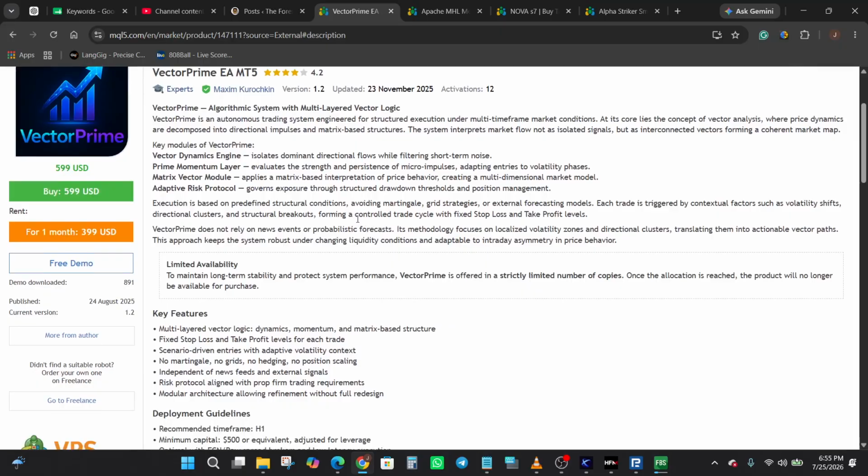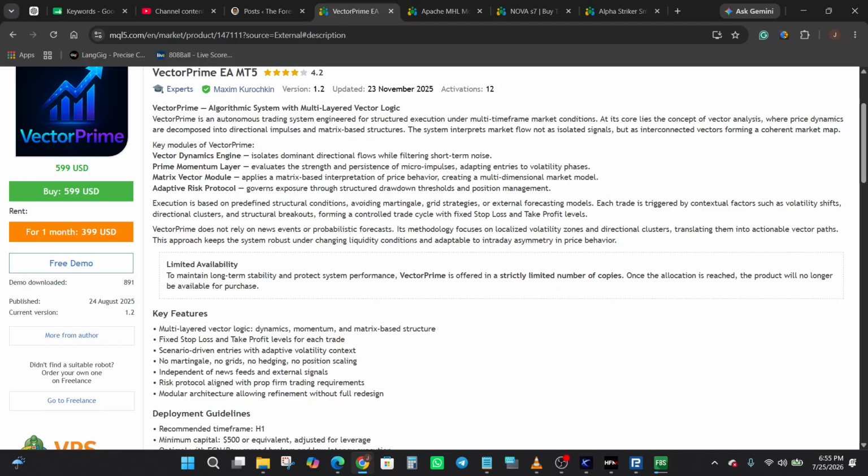Execution is described as being based on predefined structural conditions, volatility shifts, directional clusters, and structural breakouts, with the page explicit that it avoids martingale, grid strategies, and external forecasting models, instead using a controlled trade cycle with fixed stop loss and take profit levels on every trade.